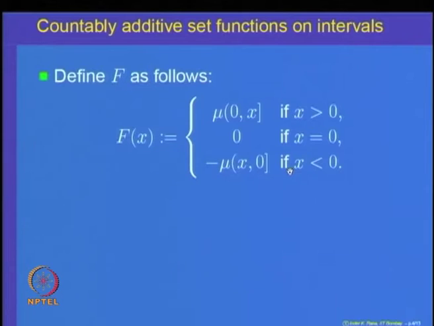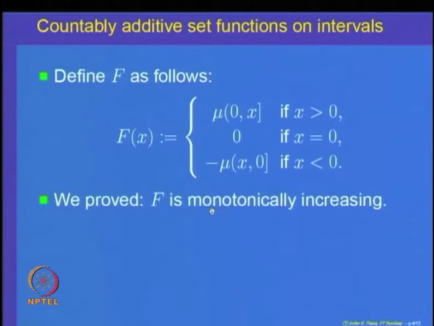So, this was the definition of the function f, and we proved that this function f indeed is monotonically increasing. For that, if you recall, we used the fact that mu is a finitely additive set function.